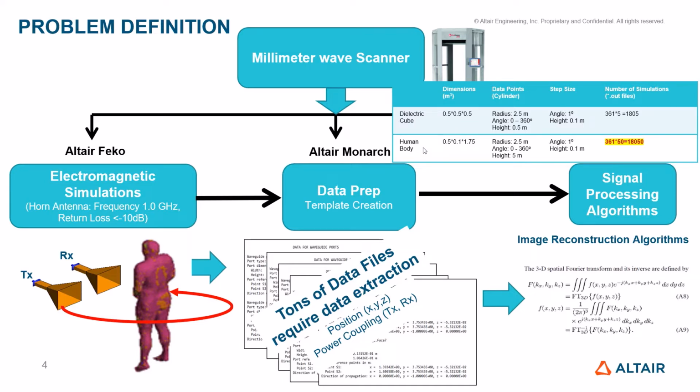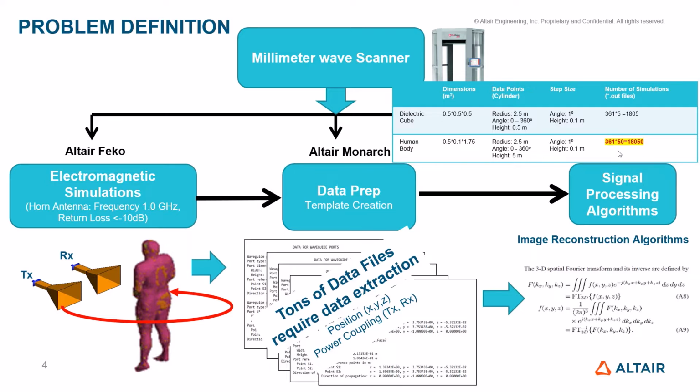Imagine a human body of dimensions 0.5 by 0.1 by 1.75. If you perform the same simulations at the same resolution, we would have 18,050 files.